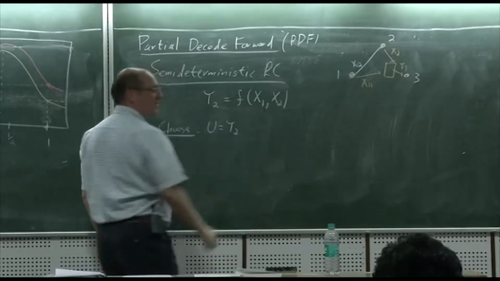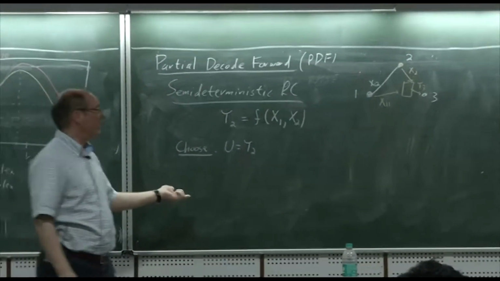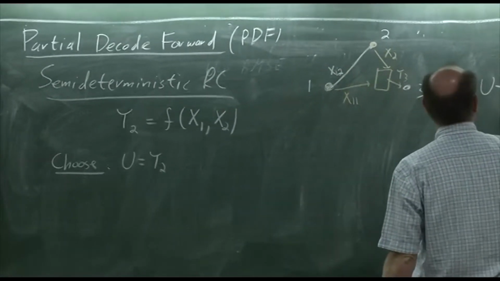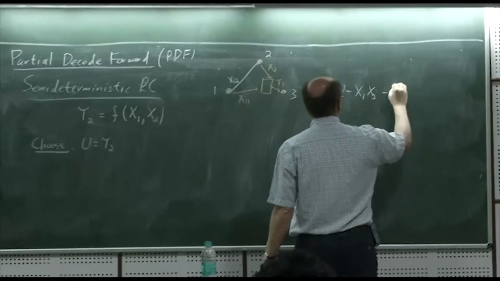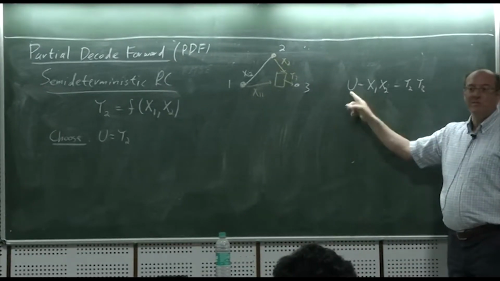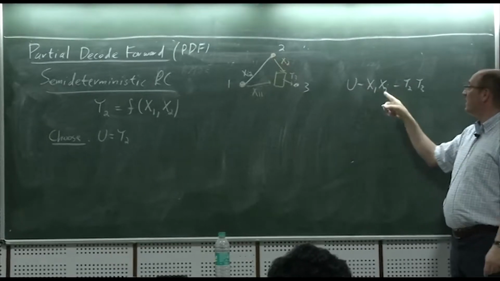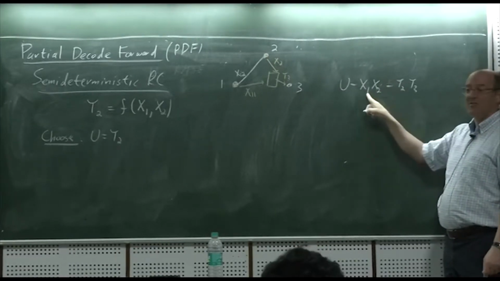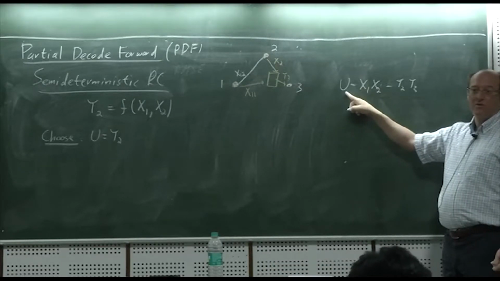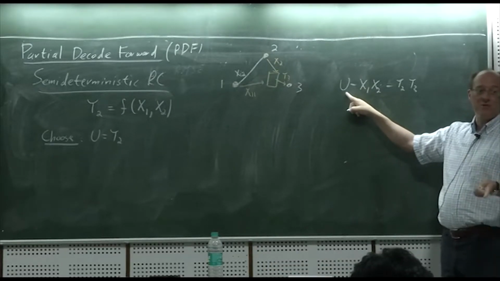Okay, so the first question is, are we allowed to do that? Well, remember the Markov chain that we have to have here is the following: U, X1, X2, Y2, Y3. So can we choose U to be Y2? It seems like we're breaking the Markov chain, but the answer is no, because Y2 is a function of X1, X2. And because of that, I can also make U equal Y2. Right? That's because of the functional relation.